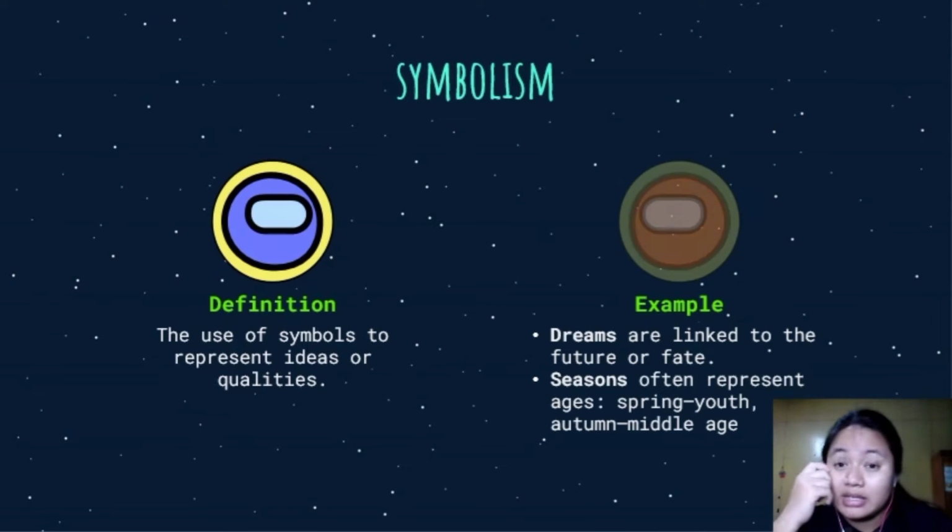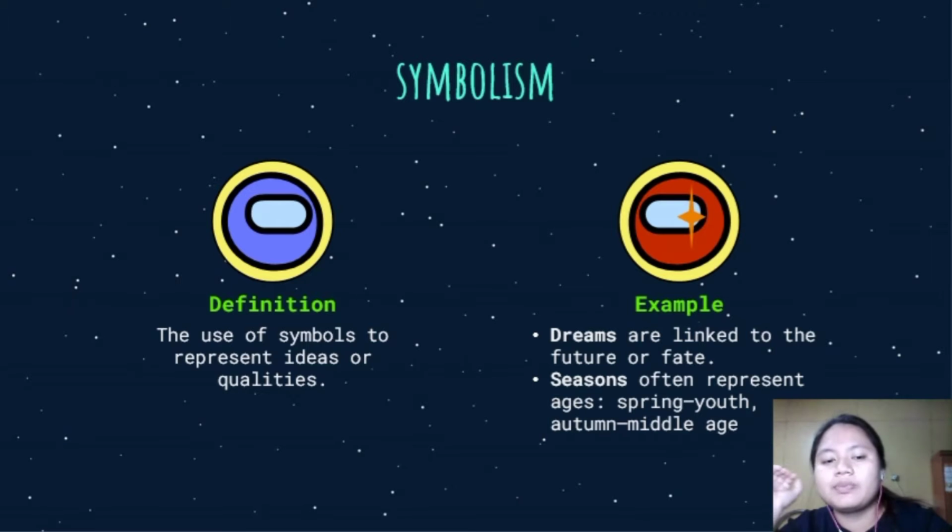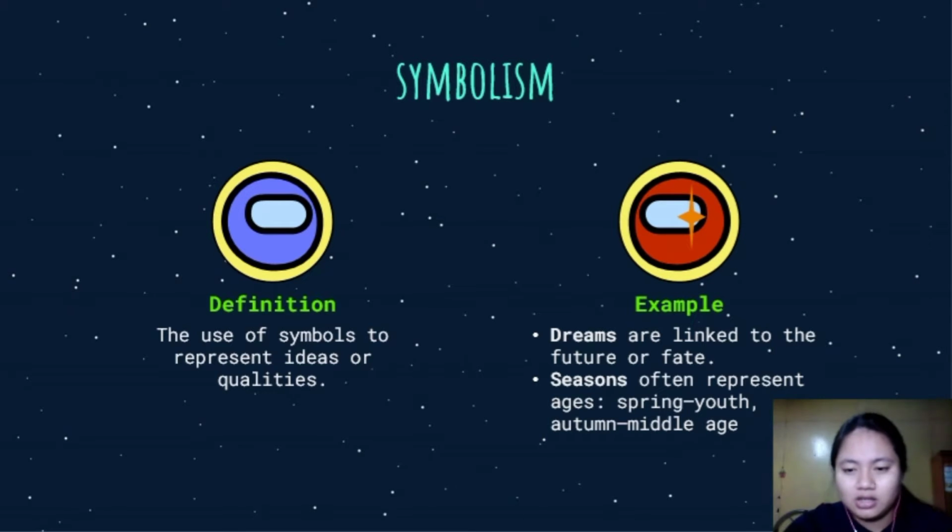Moving on. Symbolism. Symbolism is the use of symbols to represent ideas or qualities. For example, dreams are linked to the future or fate. Symbolism depends on the context, on how the writer used the word dreams. Probably dreams can be pictured as the future or fate.